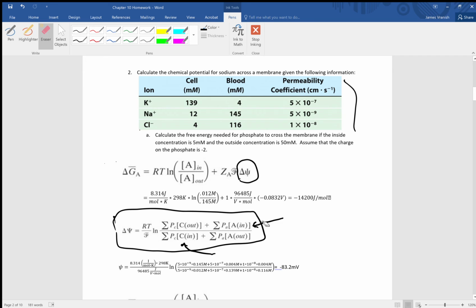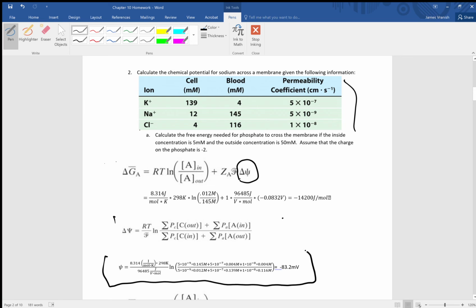Now, basically, we can plug all those values into this equation. I'm doing this down below for you here. I just went ahead and converted all the millimolar concentrations to molar. You don't necessarily have to do that in this case, but anytime you're dealing with equilibrium, which is what we're dealing with here, it's always a good idea to convert them to molar.